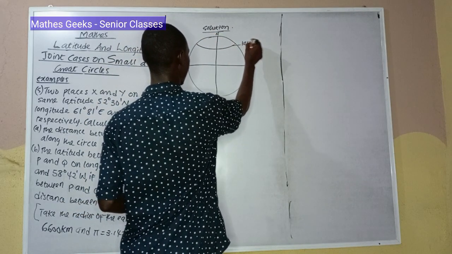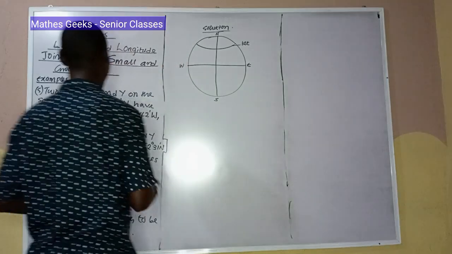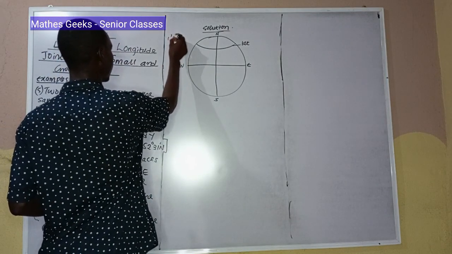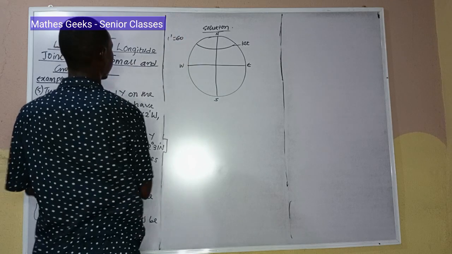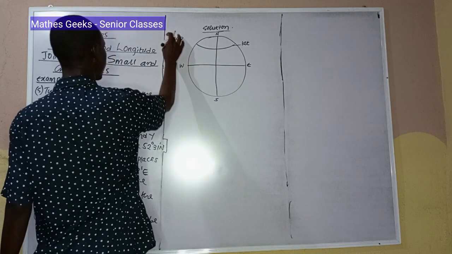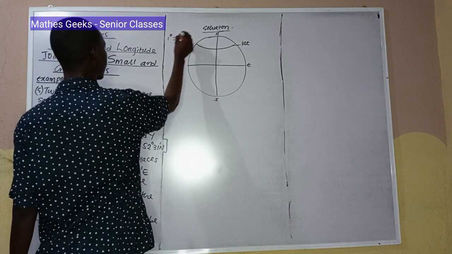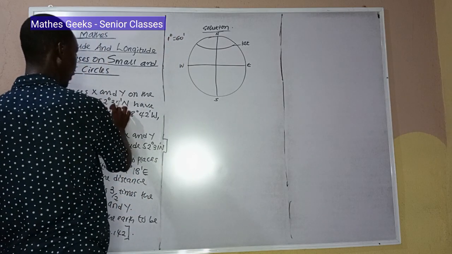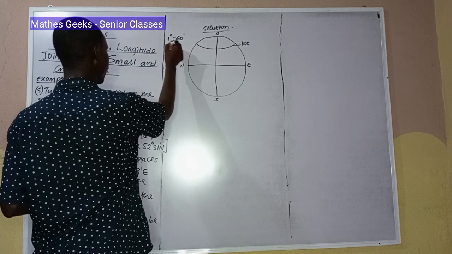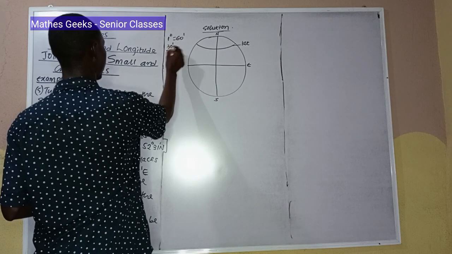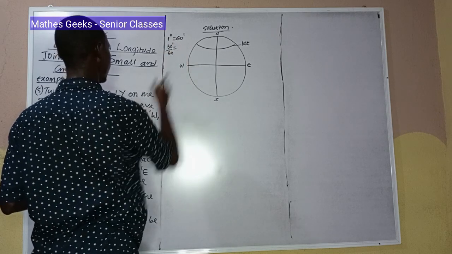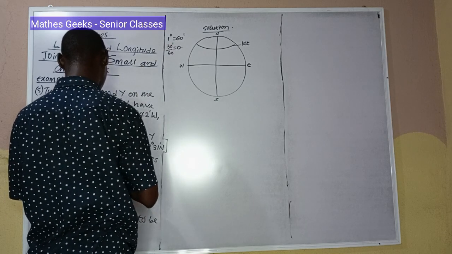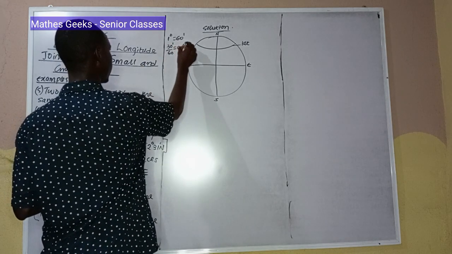This is latitude. Take note that 1 degree is equal to 60 minutes. So we're going to do that conversion. We're going to convert 30 minutes to degrees. So 30 minutes over 60 is equal to 0.5 degrees.